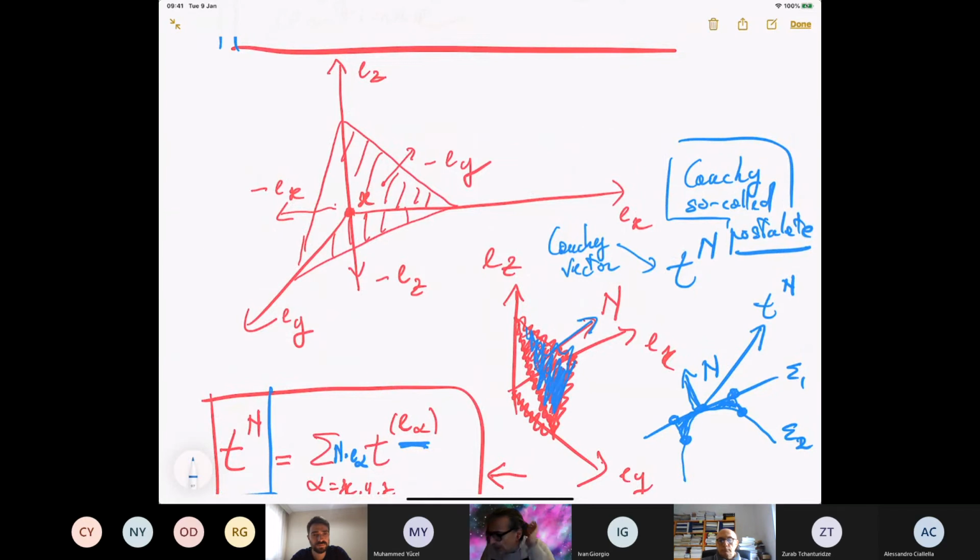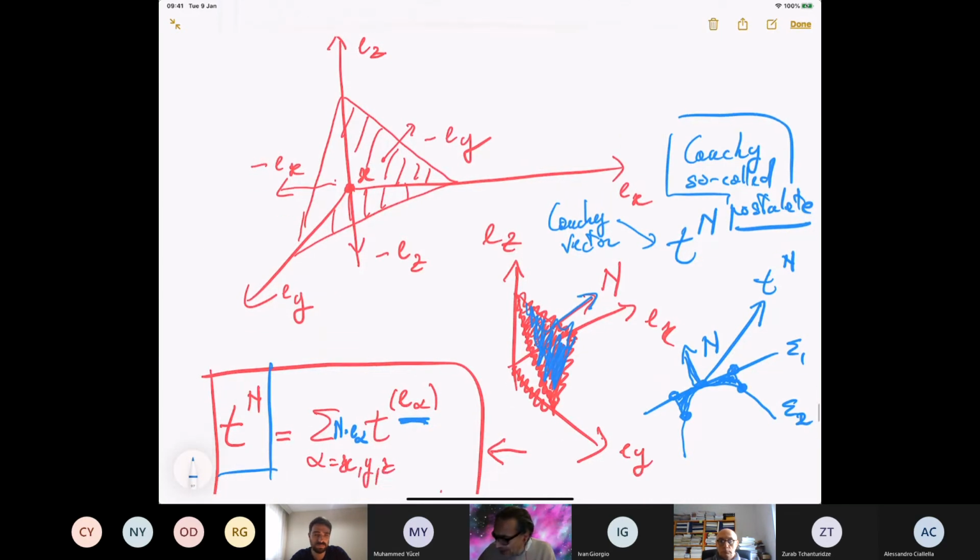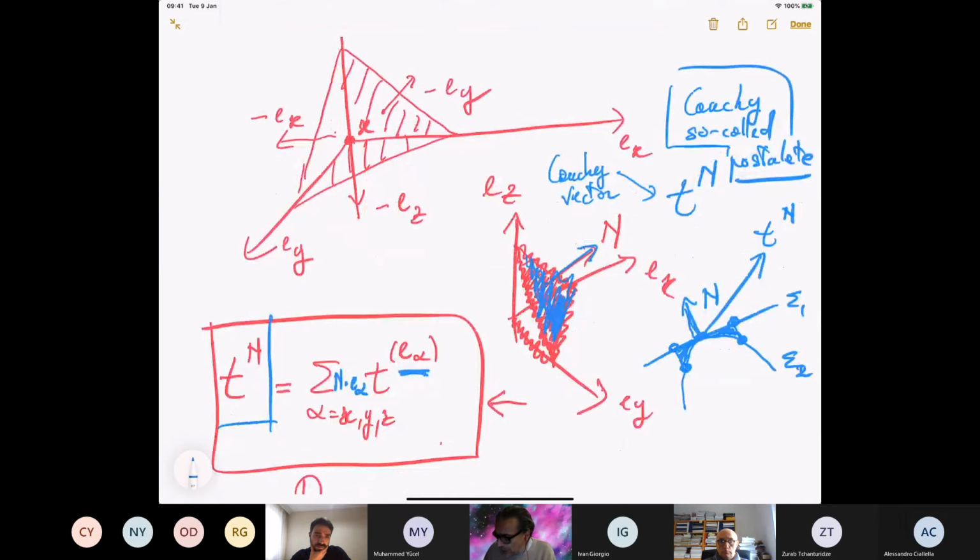So, which is the reasoning by Cauchy? He writes the balance of force for every tetrahedron having height epsilon. So the distance between this point and this face normal to n is epsilon.